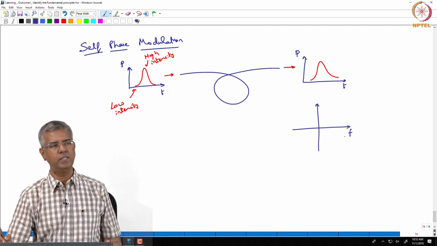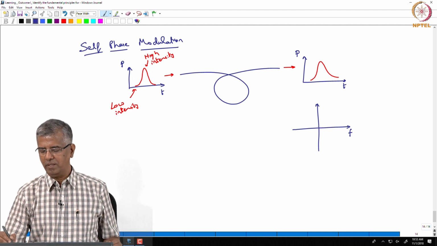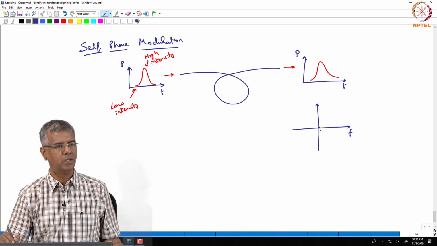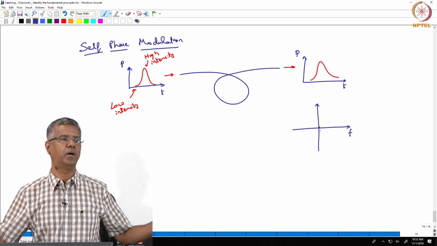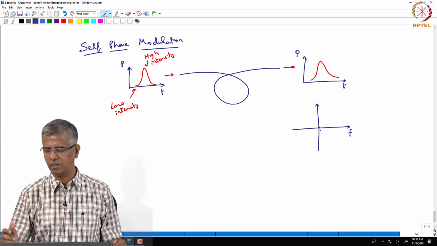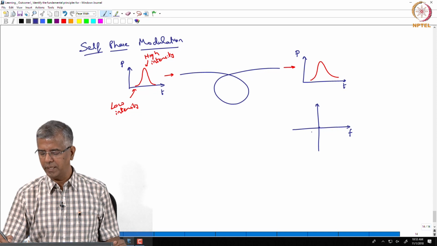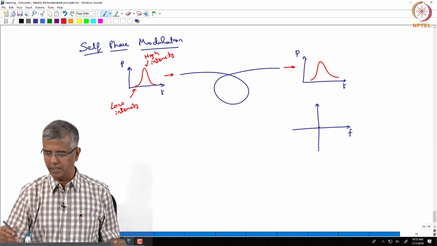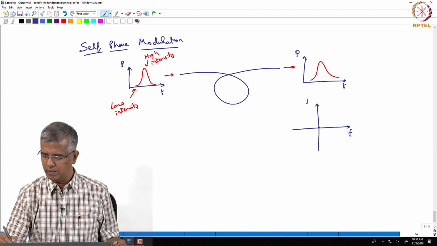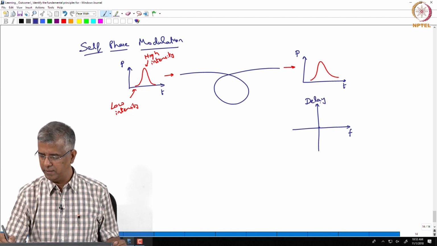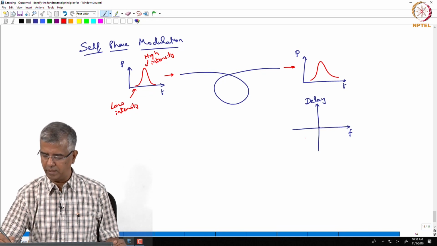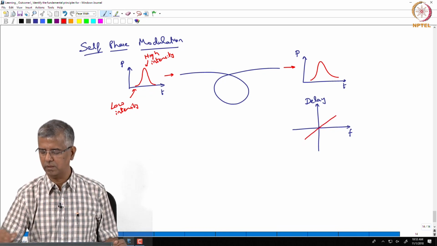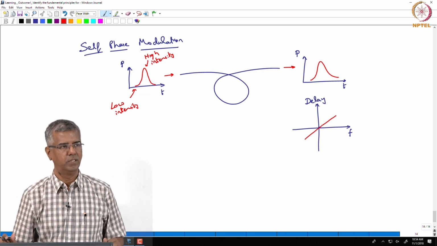If you look at the frequency domain, let us say we started with just this frequency, but now because of this distortion I have actually spread out that frequency, okay. So, now, let us say I am looking at the delay as a function of frequency. Now what I have is something like this. I generate new frequencies.